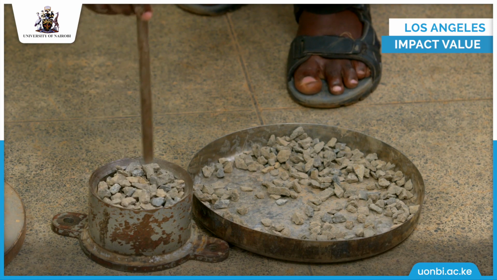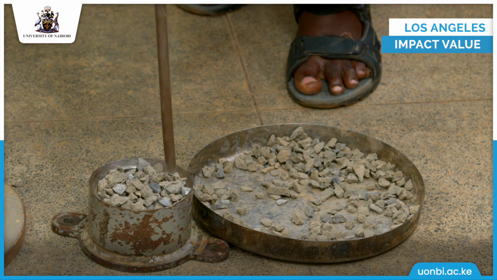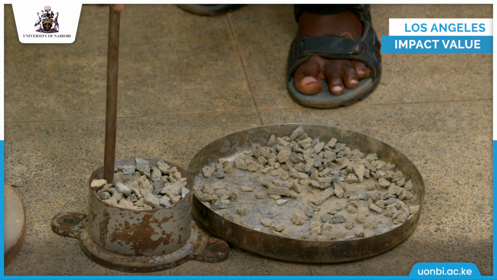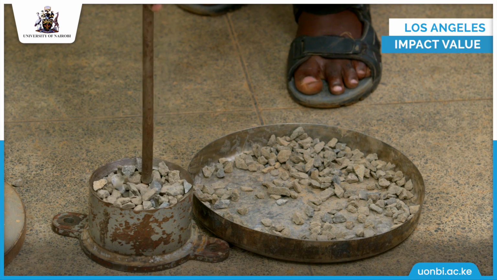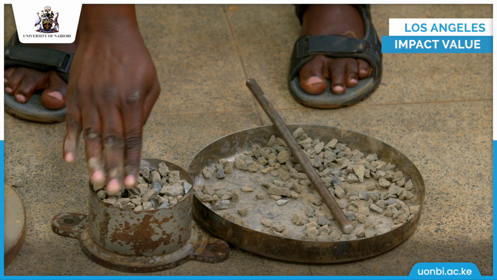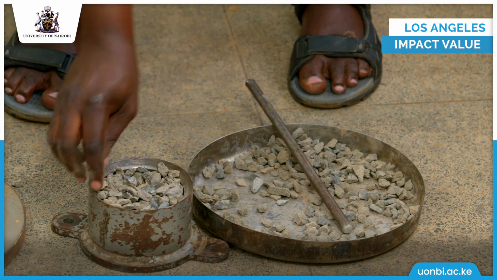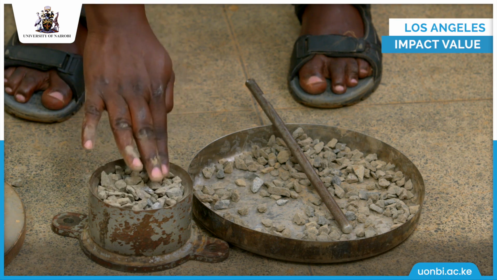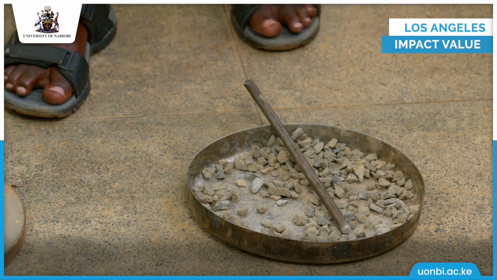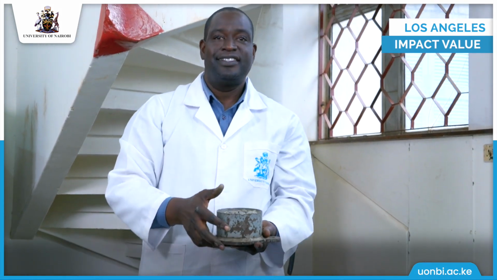Again, 25 blows. Having done the 3 layers, we are expected to remove the excess and level it. So this is what we have, having placed our samples according to the standard.